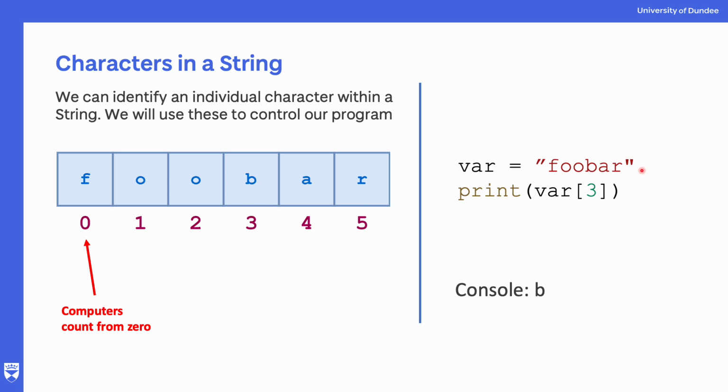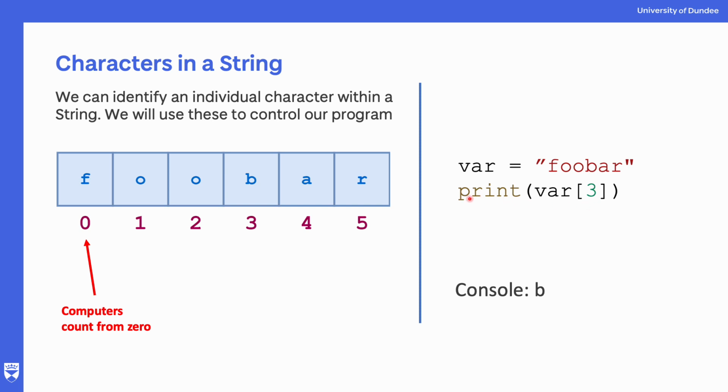So for example, this line here, var equals foobar, or var becomes foobar, is what I have used to create that memory allocation of FOOBAR. If I want to print a particular character from within that, I print var, that's the name of my variable, at index 3.